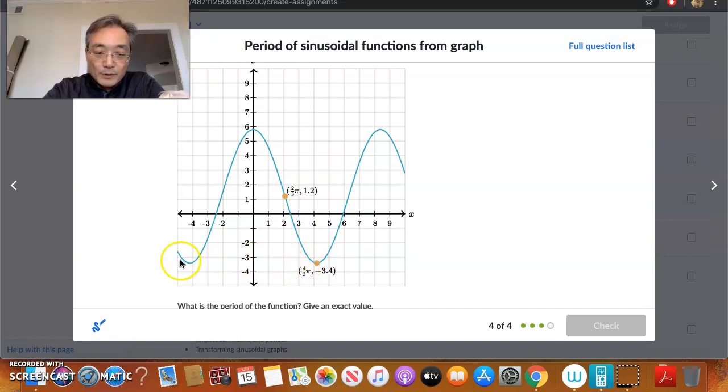This would be the total period from minimum to minimum. From maximum to minimum, or minimum to maximum, is half a period, and then from the midline to the minimum is a 1/4. So let's find the horizontal distance from midline to the minimum, and then we can multiply that by 4.